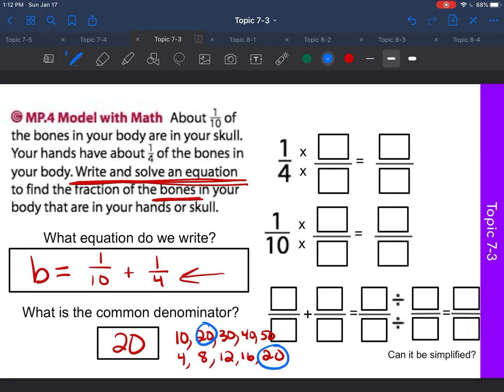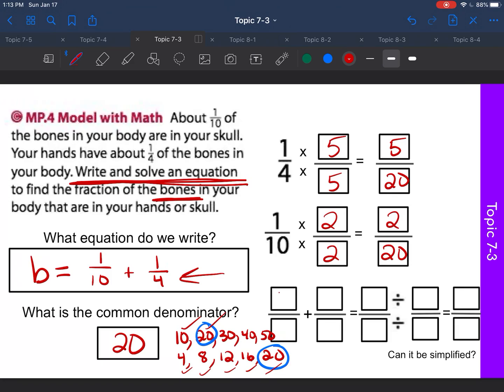All right, so let's complete this. 4 times 1, 2, 3, 4, 5 equals 20. Whatever you do to the bottom, do to the top. So we get 5/20. 1/10 is 1 times 2 to get 20. Whatever you do at the bottom, you do to the top, and you get 2/20.